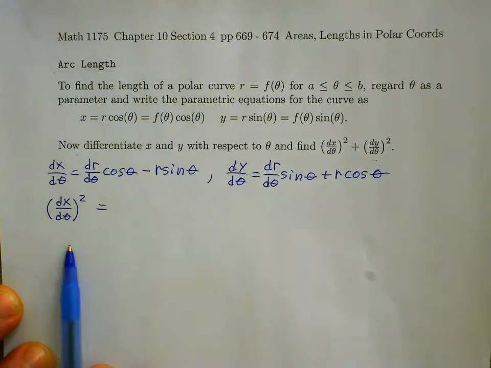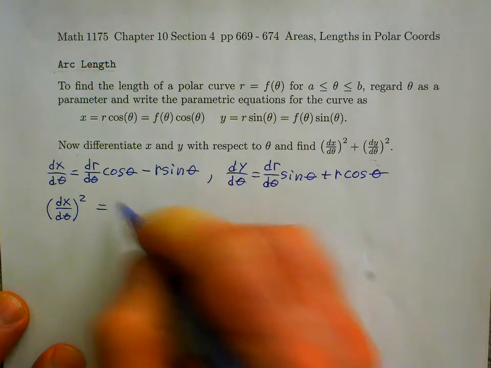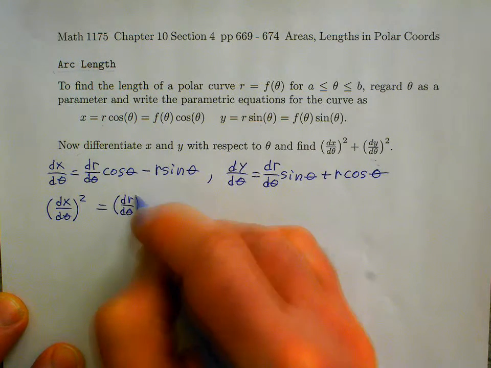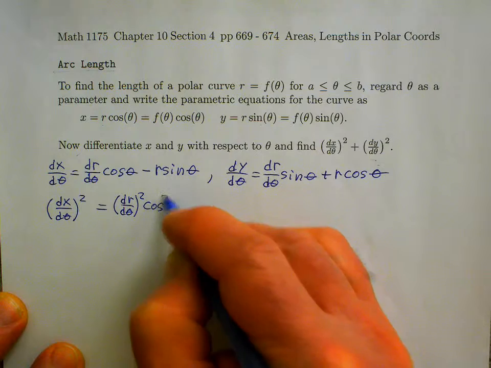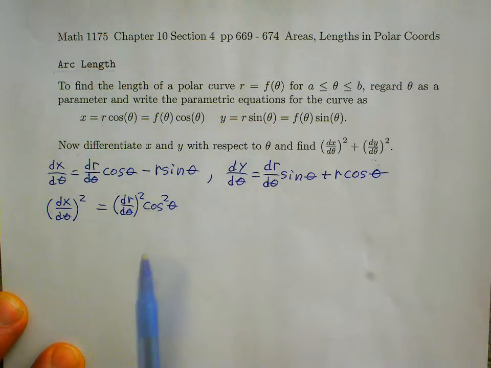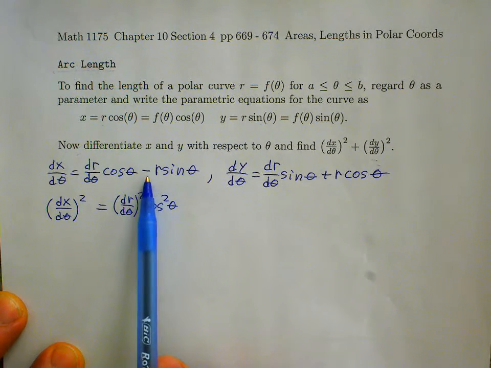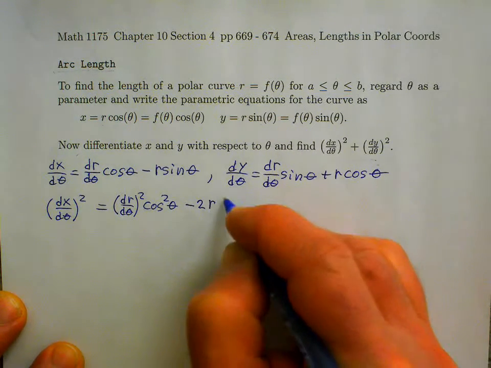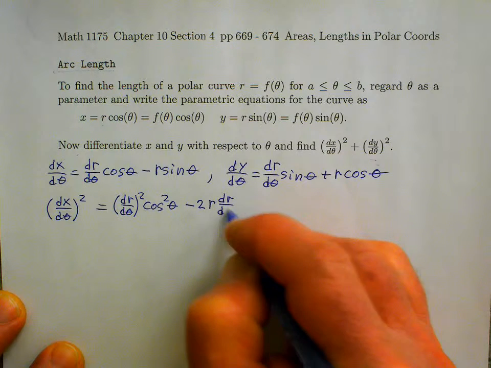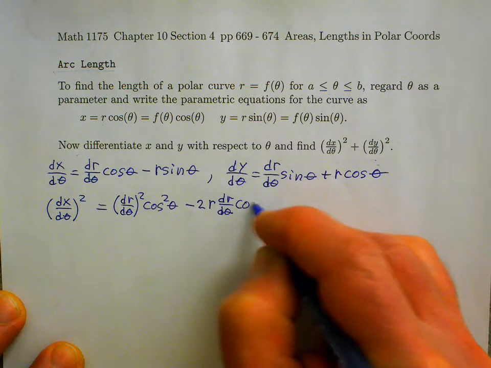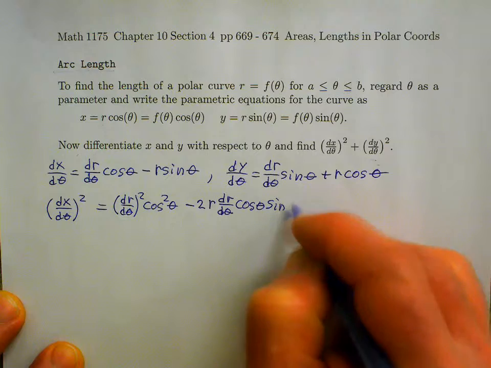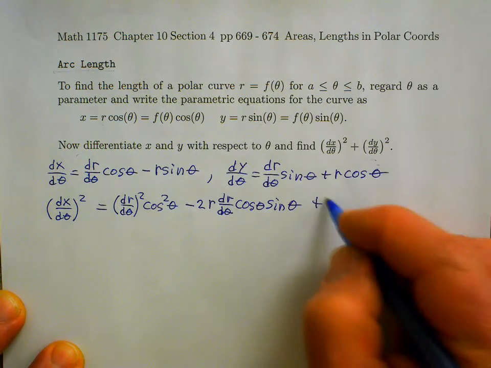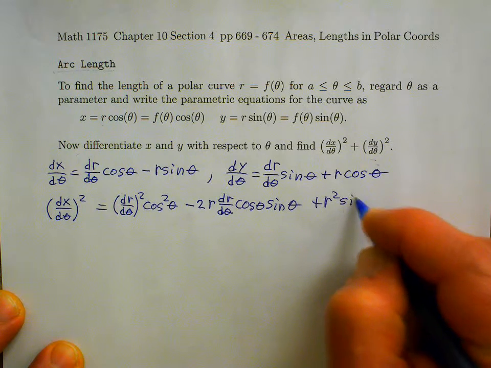So let's square dx d theta. We're going to get dr d theta squared times cosine of theta squared. And then we're going to get minus 2 times r times dr d theta times cosine of theta sine of theta. And then we're going to get plus r squared times sine of theta squared.